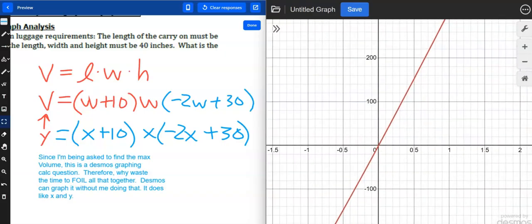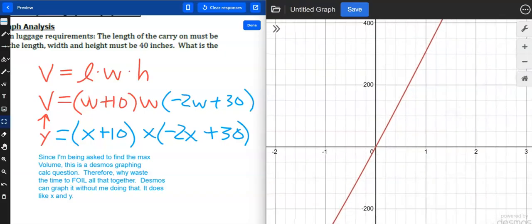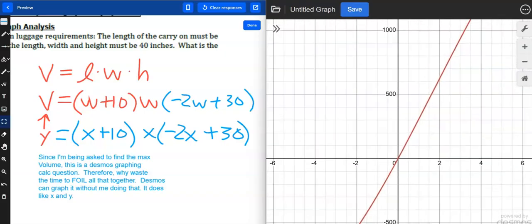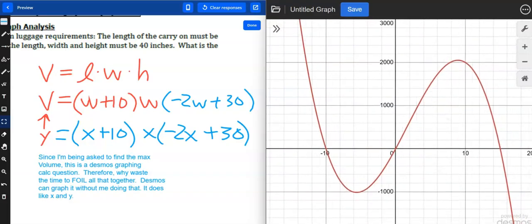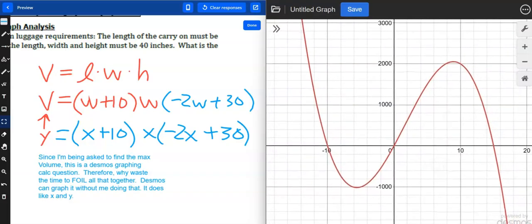And it still looks like some sort of unusual looking shape until I get it to here. This is not as stretched out. We did a big shrink on the vertical so you could see more of it.